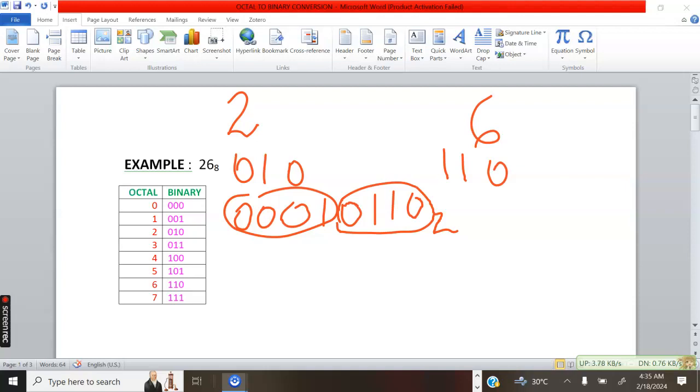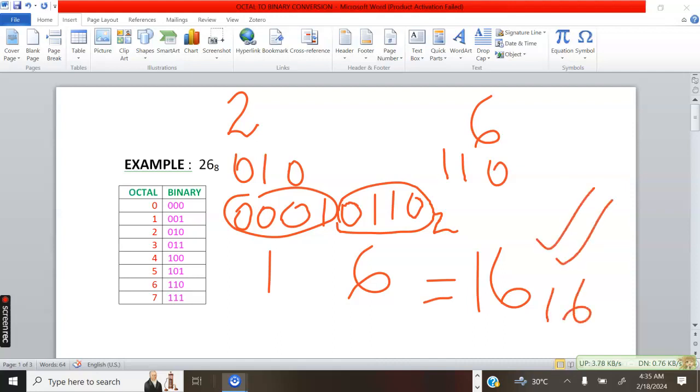For 0, 0, 0, 1, this is equivalent to 1. For 0, 1, 1, 0, it's equivalent to number 6. Okay, so the final answer will be 1, 6. Then the base is 16. So this is my answer.